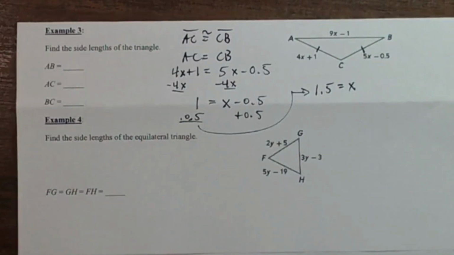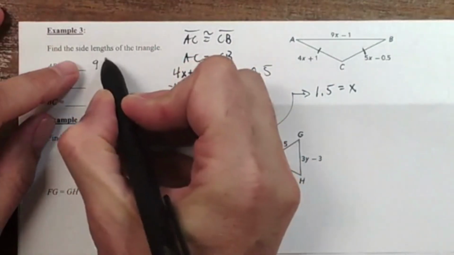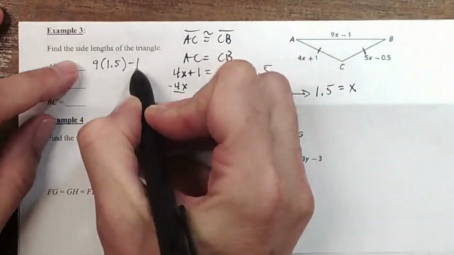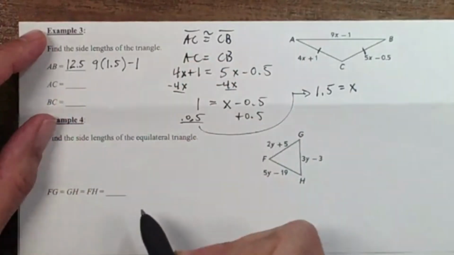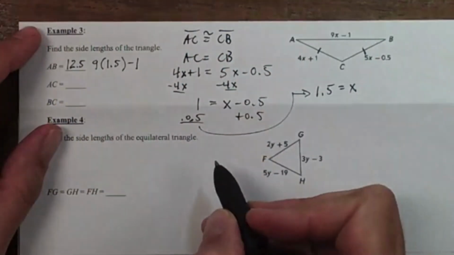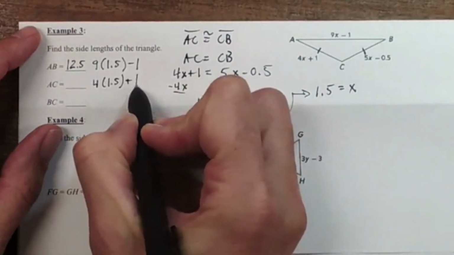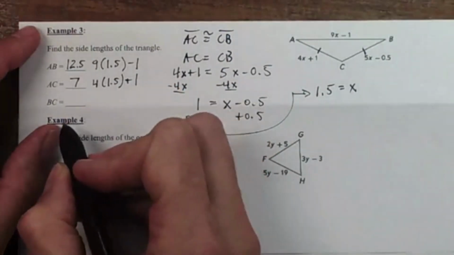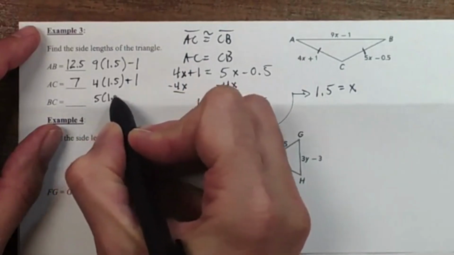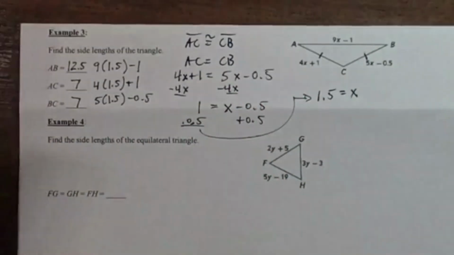For AB, I have 9 times 1.5 minus 1. Well, that's going to give me 12.5. Then I have 4 for AC, 4 times 1.5 plus 1. Well, that's 7. Then lastly, I have 5 times 1.5 minus 0.5, and that is 7. And it makes sense because AC and BC are supposed to be congruent.